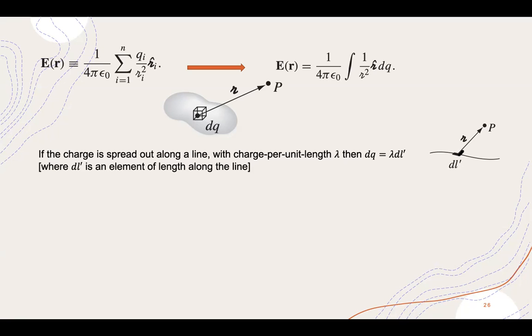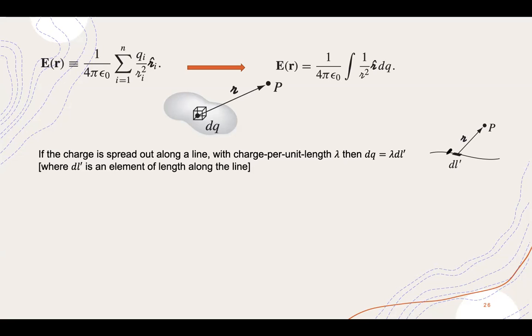If you want to calculate the electric field at some point P, at distance r vector, then dq is defined as lambda times dl prime, and we can apply this formula to calculate the electric field at P, because the distance r is known to us.